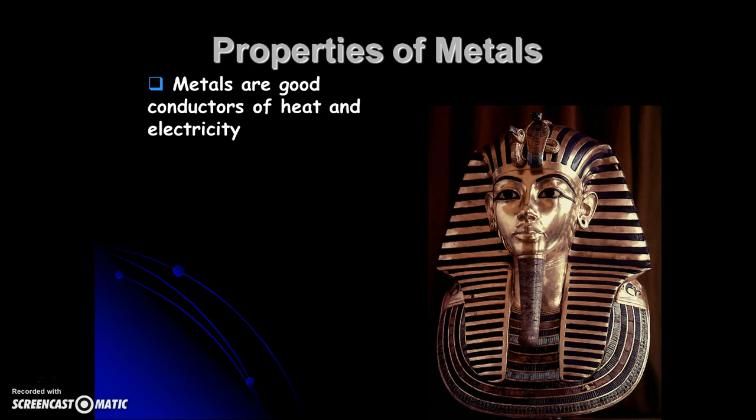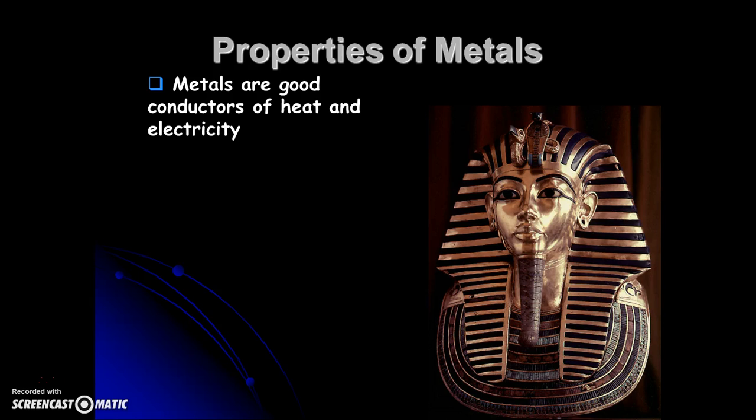Of course, we're all familiar with metals. Metals are good conductors of heat and electricity. We use them for wiring. We use them for pots and pans on the stove. They conduct heat and electricity, and it has to do with the way their electrons are bonded, that we'll talk about later on in the chapter.